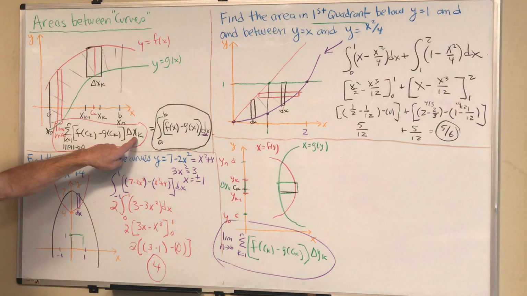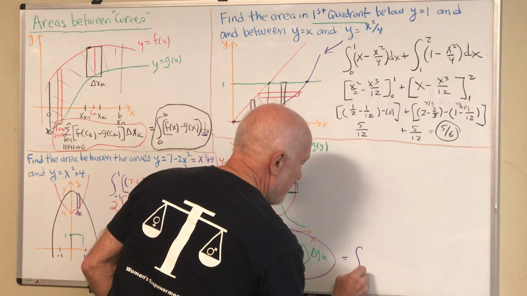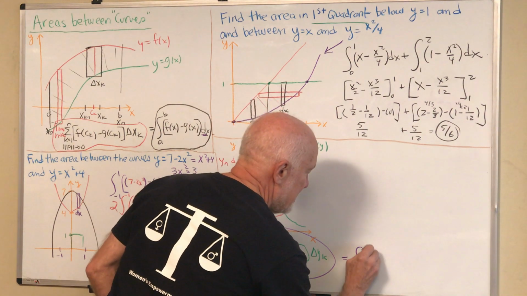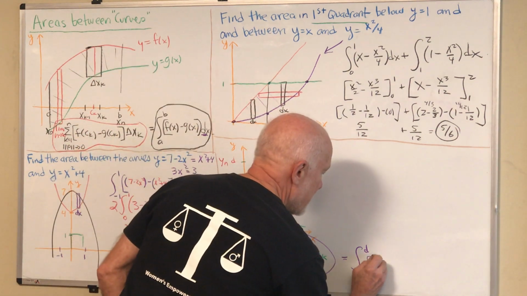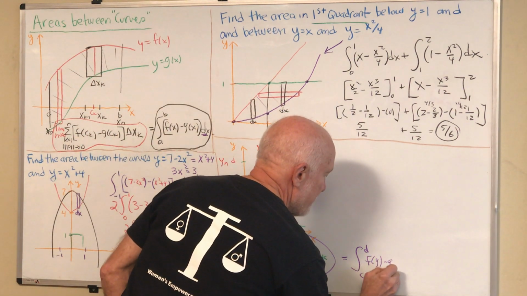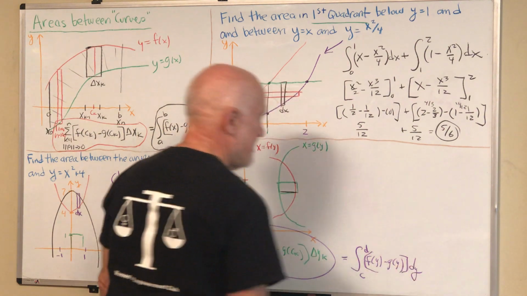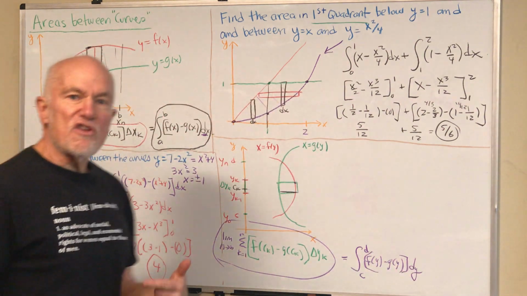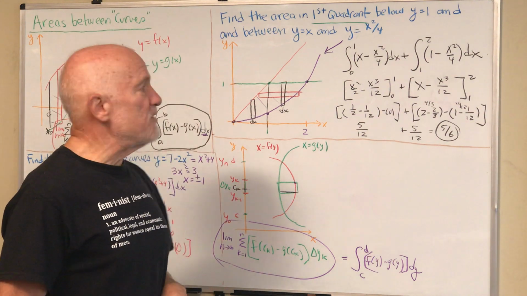So really, this is just another definite integral. You're just going from c to d of f of y minus g of y dy. So I just justified to myself, and I hope to you, that I can go up and down or sideways.